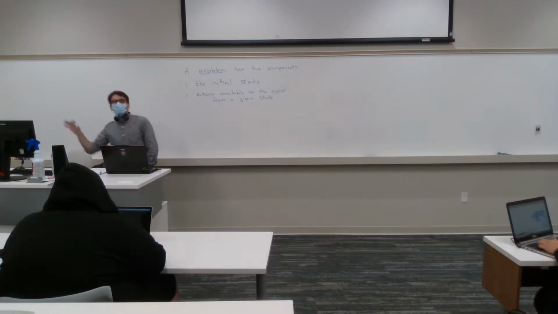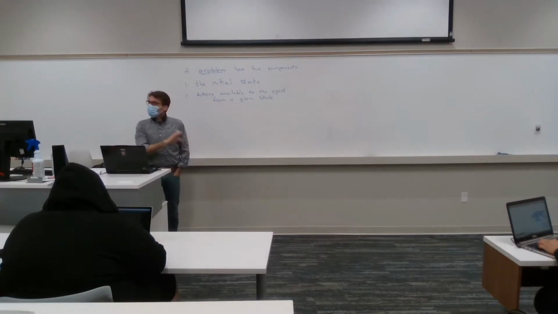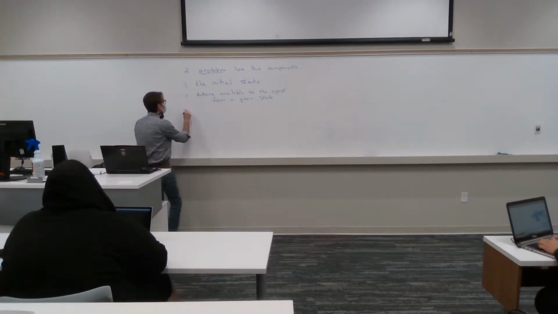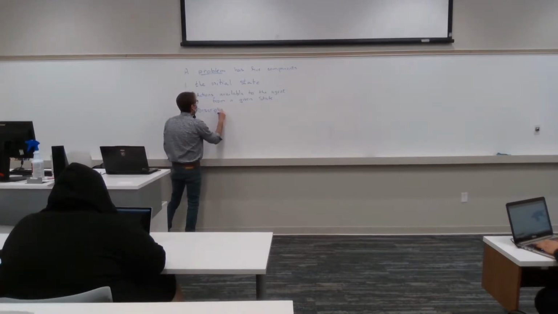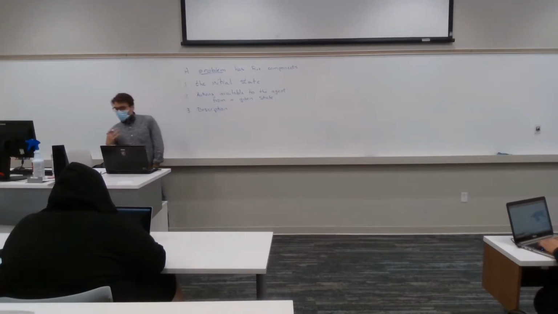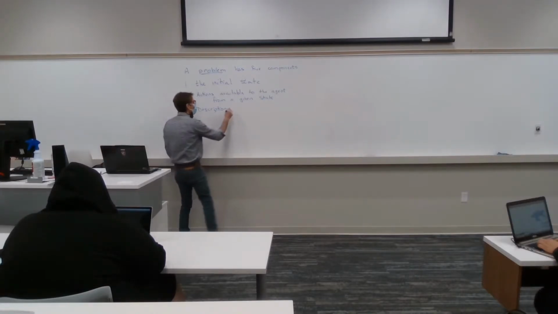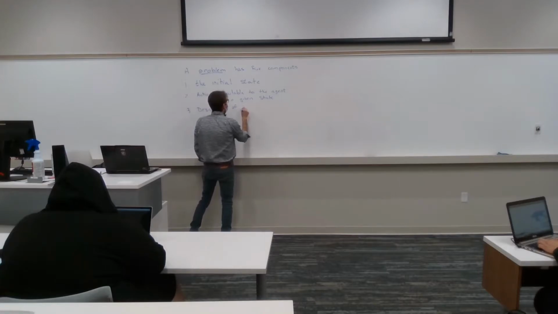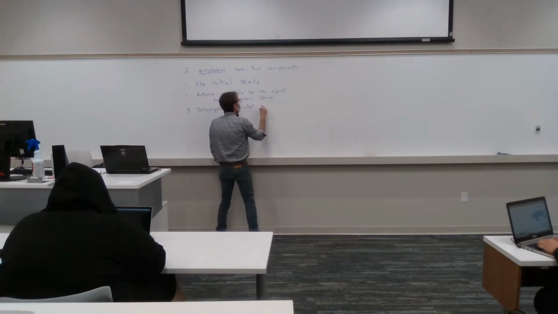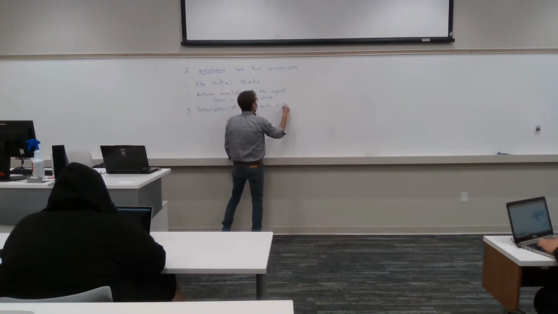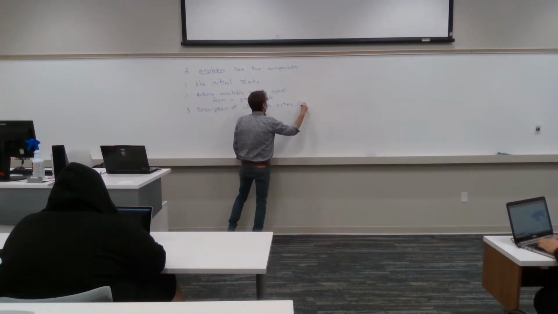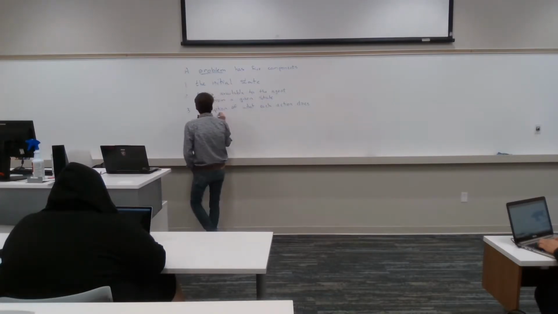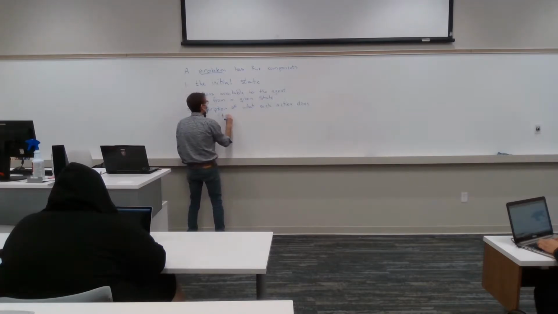If it's in this state, it can do this. If it's in this other state, it can do this, and so on. We have a description of the outcome of each action. This is what we call our transition model.